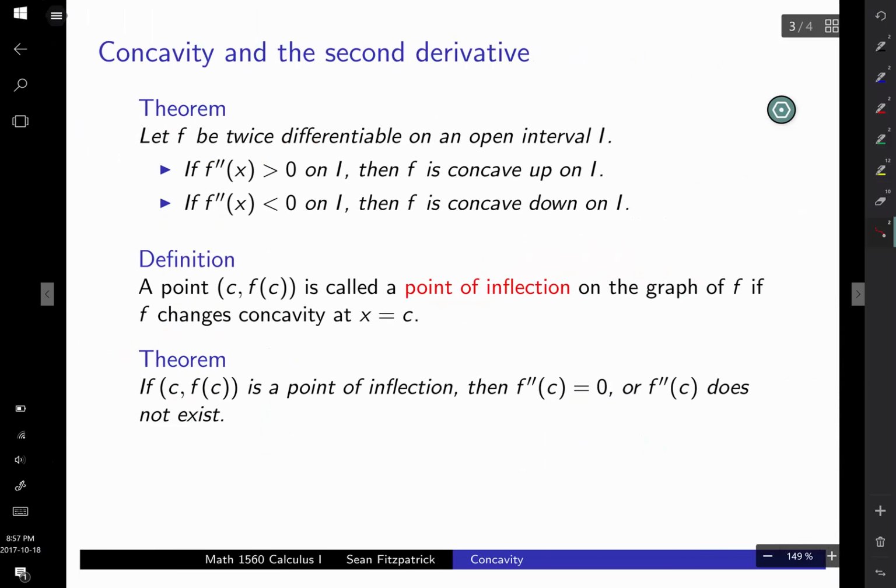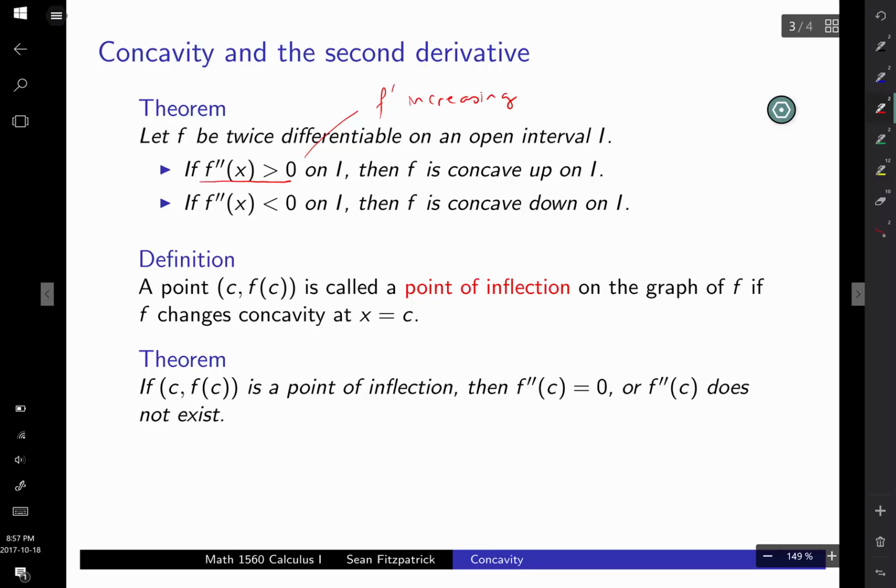Okay, and you might guess that, since the first derivative is a function, and we know that the derivative of a function tells us whether we're increasing or decreasing, the derivative of the derivative will tell us when f prime is increasing or decreasing. So f double prime is going to tell us when f prime is increasing or decreasing. Because if f double prime is positive, that means that f prime is increasing.